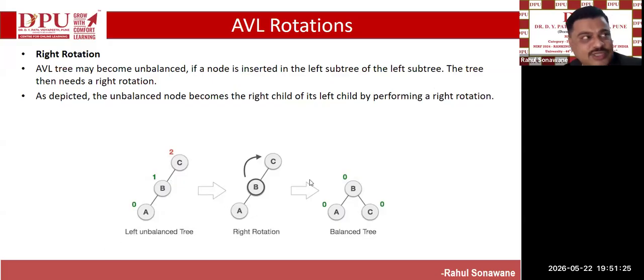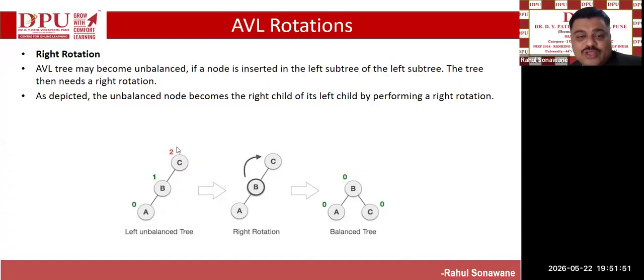Therefore, we have to perform the rotation, the single right rotation or RR rotation. We make the parent the right child. Once the parent has become the right child, you can see the balance factor of every node is now 0. Therefore the tree is now balanced.